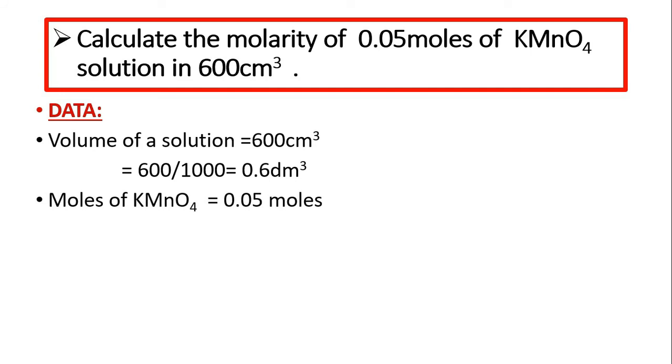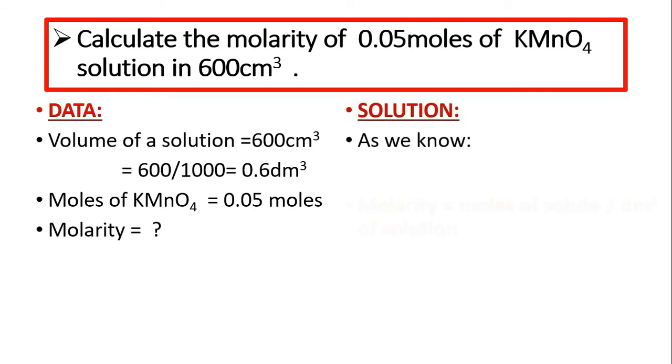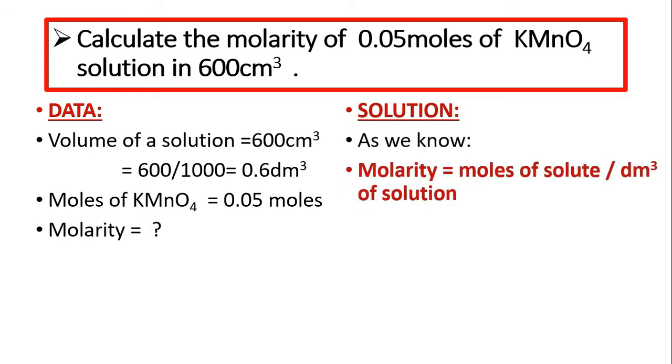Now moles of KMnO4 we have 0.05 moles and molarity we don't know. So we will apply the formula and find the molarity. As we know, molarity is equal to moles of solute divided by dm cube of solution. Students, we have both the number of moles of solute and dm cube of solution.